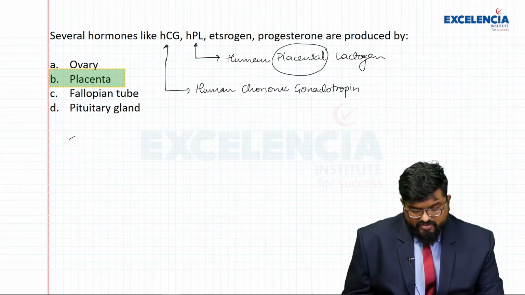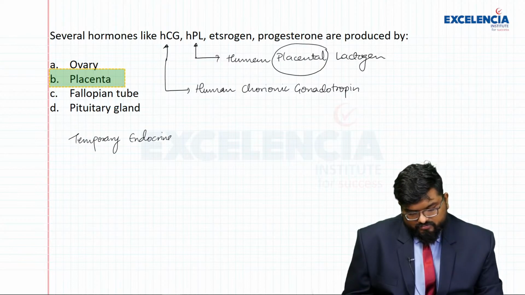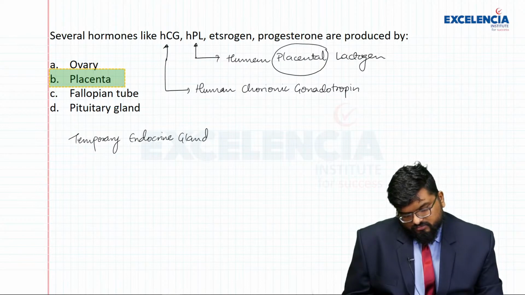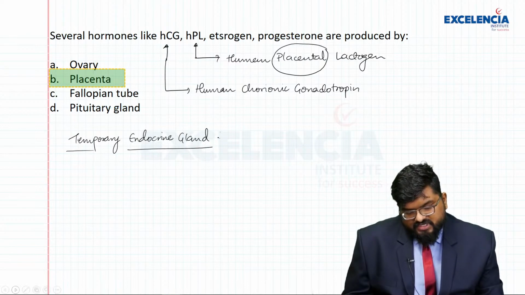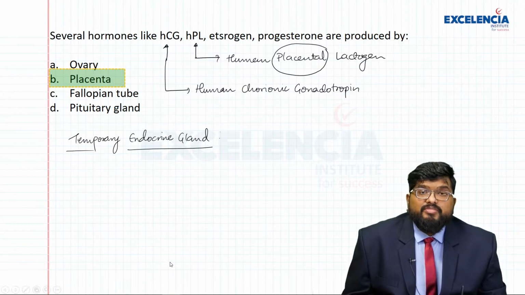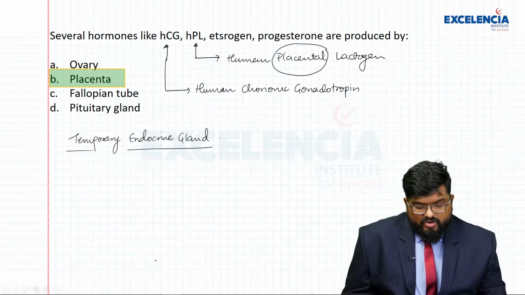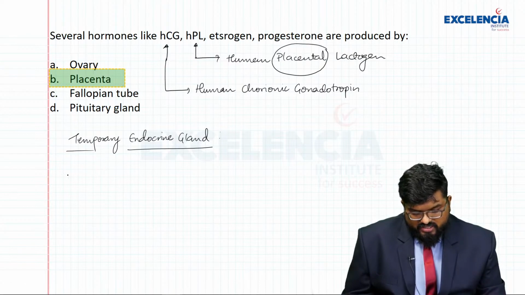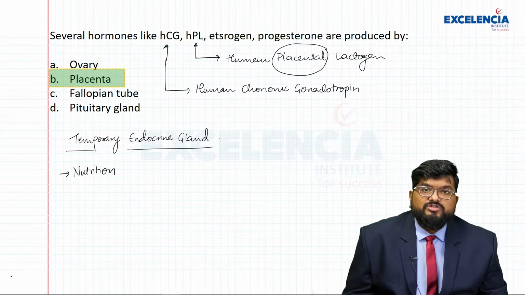Placenta is a temporary endocrine gland. What is placenta? Placenta is a temporary endocrine gland. Are you getting it? And its function is what? Its function is nutrition, because it provides nutrition to the developing embryo.